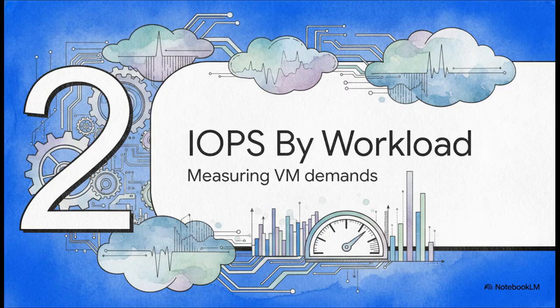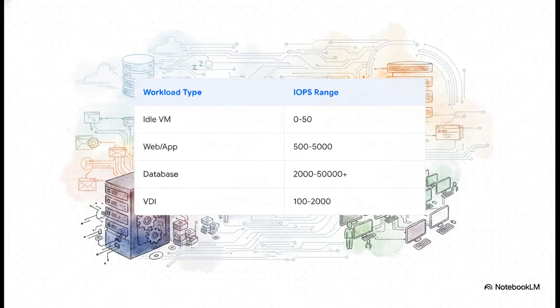Moving right along to Section 2, standard IOPS by workload. You know the old saying, you can't fix what you can't measure? And the tricky thing here is that virtual workloads have wildly different demands. Think about it, an idle VM or a basic OS boot. That needs barely anything, just 0 to 50 IOPS. But scale that up to a web or app server, and suddenly you're looking at 500 to 5,000 IOPS.